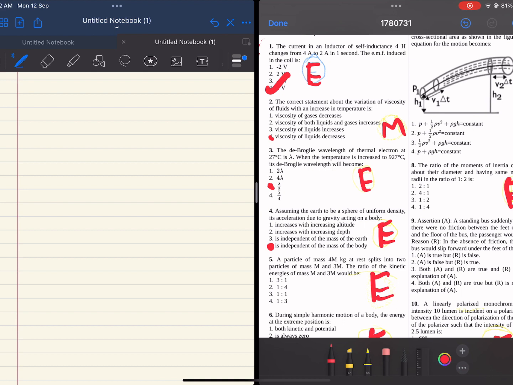Now it was initially at rest, so the initial momentum was 0, 4m into 0. So initial momentum is 0, which is equal to m v1 vector plus 3m v2 vector. They've just asked the kinetic energy, directions will be different, of course.